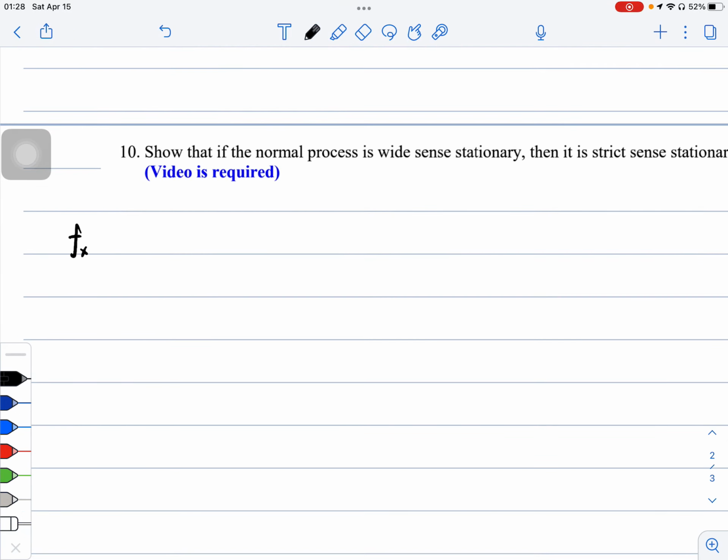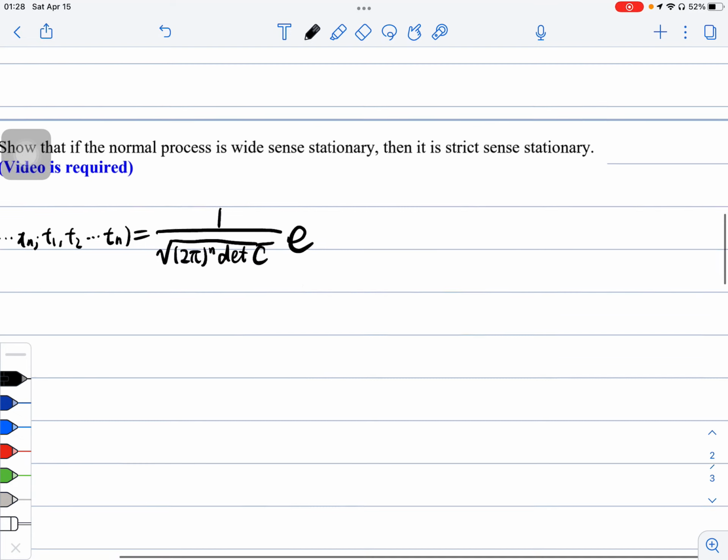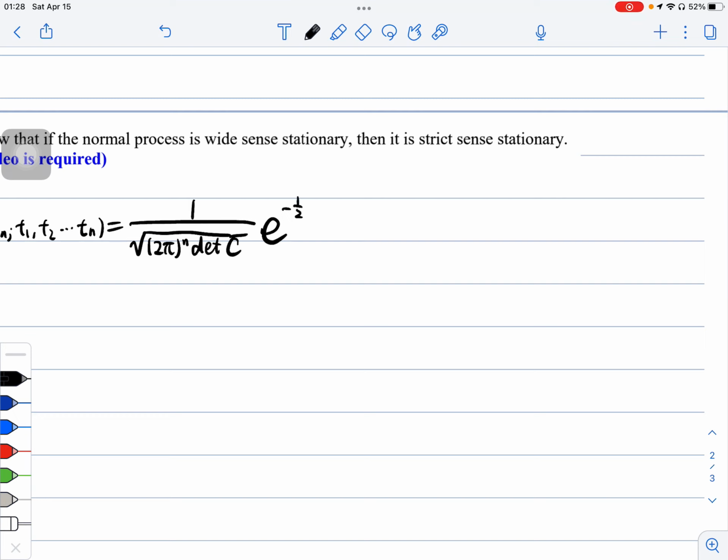The f_X, we consider x1, x2 to xn, as well as t1, t2 until tn. It should be something like this.